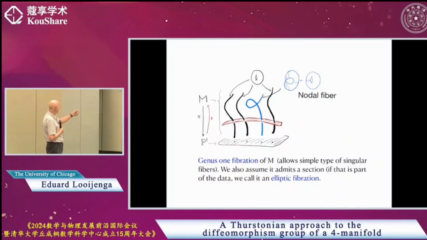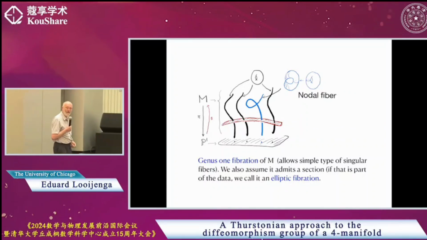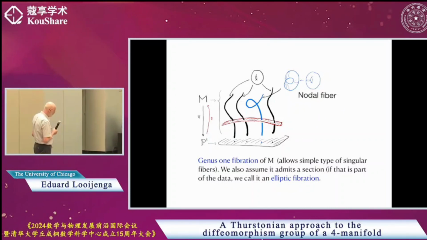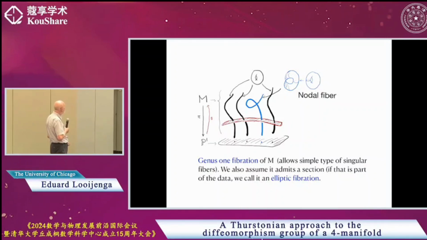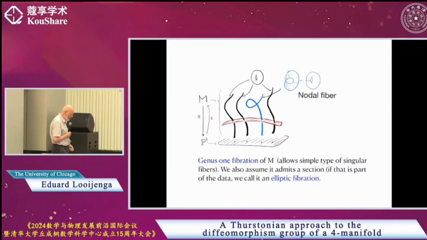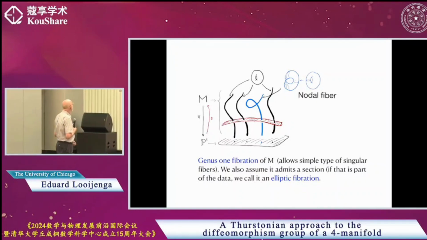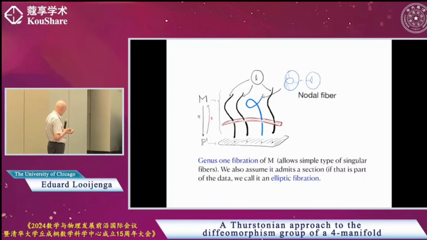And so you just count the number of singular fibers, and because every singular fiber has Euler characteristic 1, you get, in fact, the Euler characteristic of the whole surface. This is what we call a genus 1 fibration. And if the genus 1 fibration admits a section, that makes every fiber an elliptic curve rather than a genus 1 curve, then you call it an elliptic fibration. So this is a little bit of the algebraic geometry that comes with this situation.